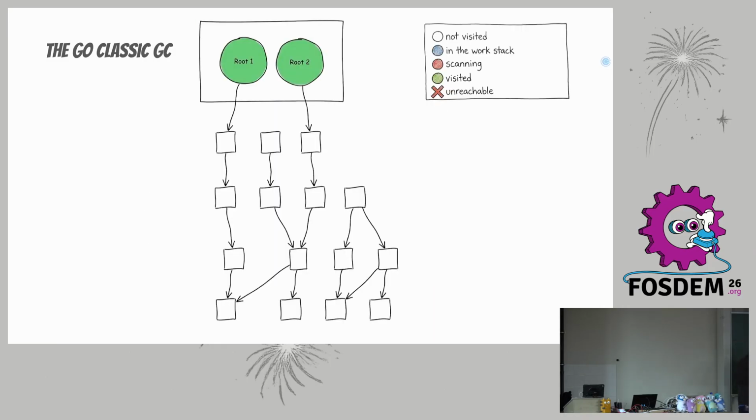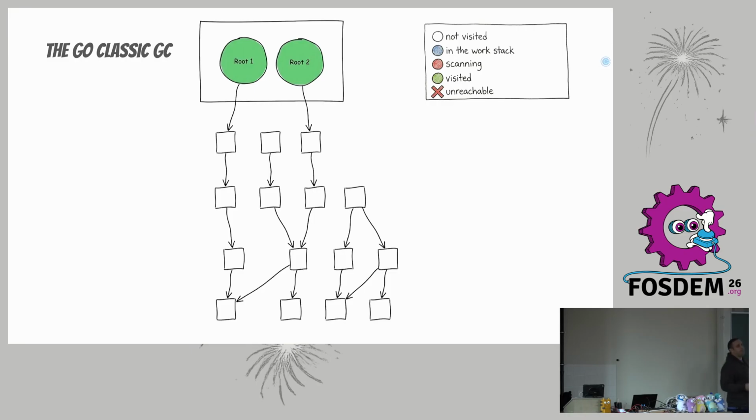Let's see an example of how it works. The first thing is those root objects. Those root objects come from global variables and the stacks of the goroutines. So it scans the stacks of all the goroutines and all the global variables, and tries to find objects that point to something.